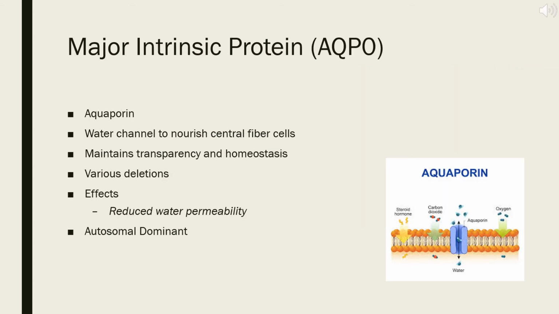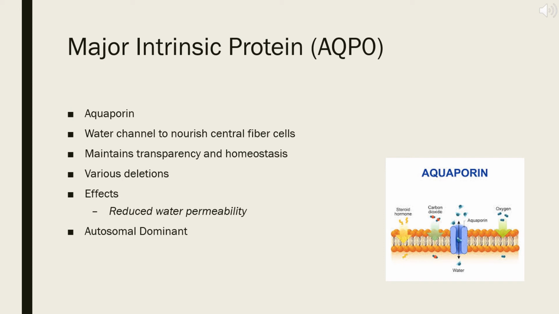So there is a major intrinsic protein that is encoded for by the gene AQP0, which is responsible for coding aquaporin, and this is a water channel that helps nourish central fiber cells.